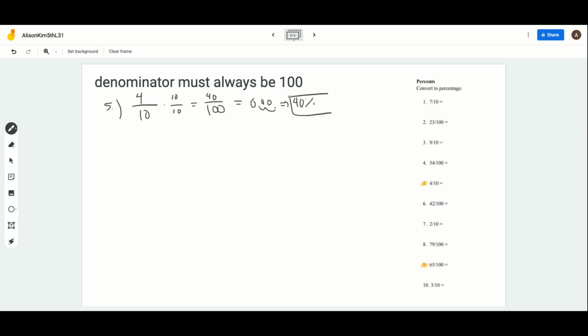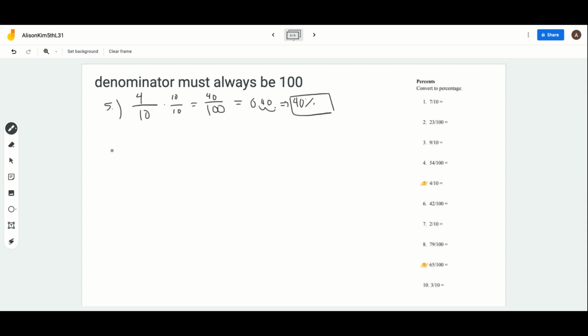So once again, we have to make the denominator 100, and then once it's over 100, it's going to be in the hundredths place for the decimal, and we move the decimal point to the right twice to get our percent.